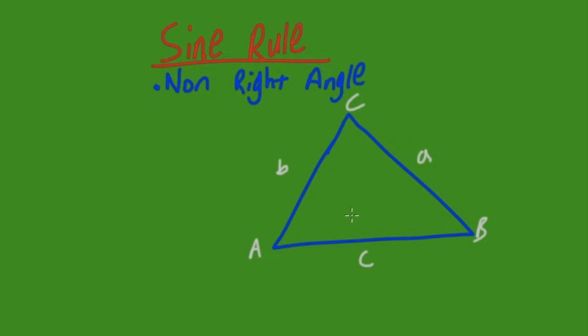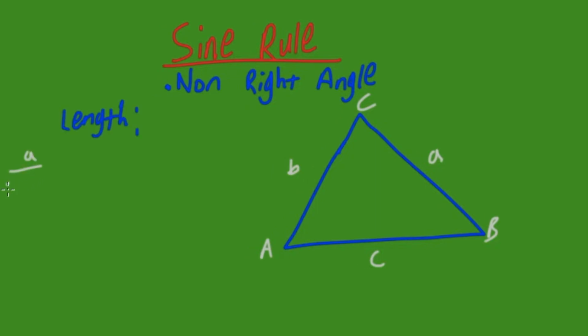Now we can use our formula. There are two formulas for the sine rule that you will use depending on whether you're finding the length of a side or the angle. If you're finding the length, you're going to use this formula: a over sine A is equal to b over sine B, which is equal to c over sine C. That's the sine rule formula if we're finding the length of a missing side.